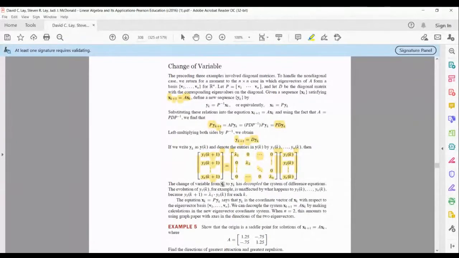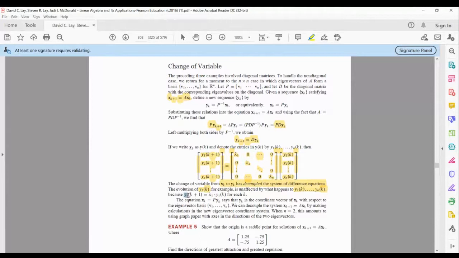And that means this dynamical system, if you write it out, the change of variable from X sub K to Y sub K has decoupled the system. In other words, the evolution, for instance, of Y sub 1K is not affected by the other variables, by virtue of the fact that you have this diagonal matrix here.